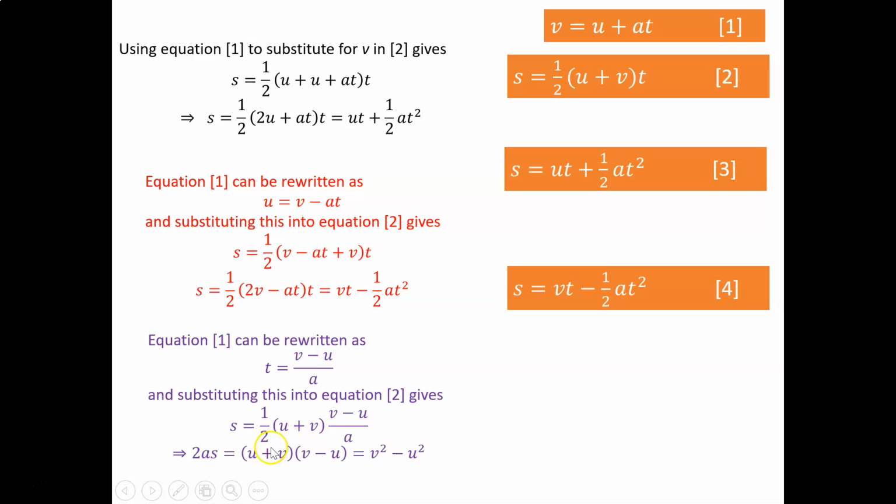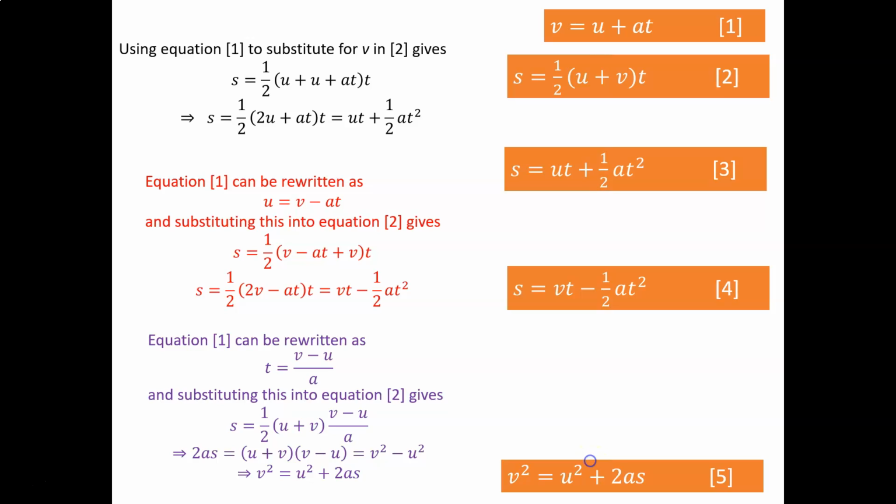So if I multiply by 2a on the left, I get 2as equals v squared minus u squared. So rearranging that, we get v squared equals u squared plus 2as. And that's our fifth equation of motion.